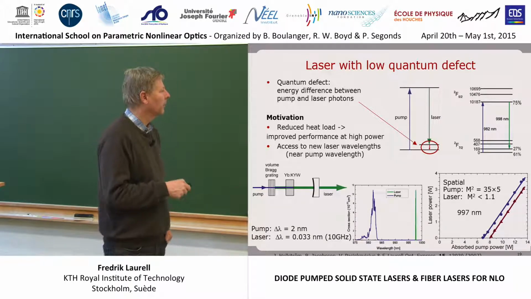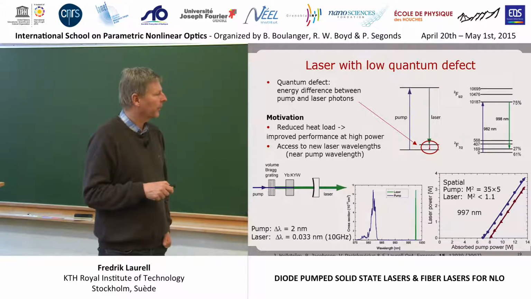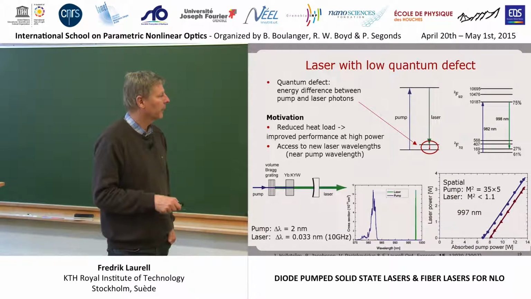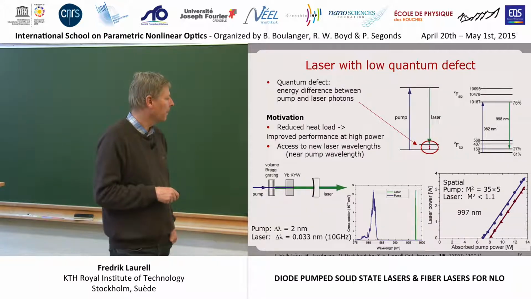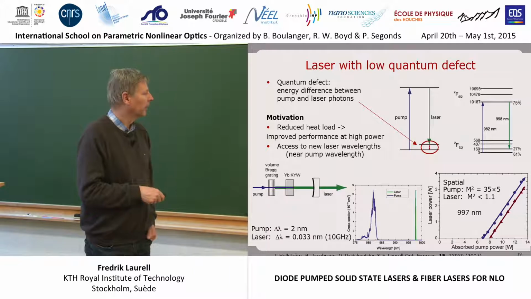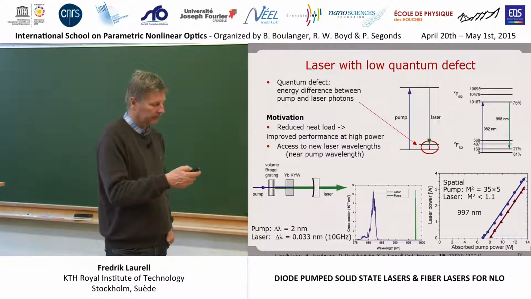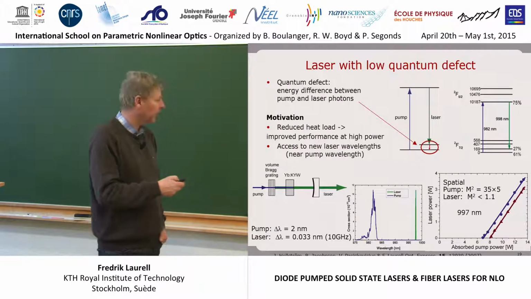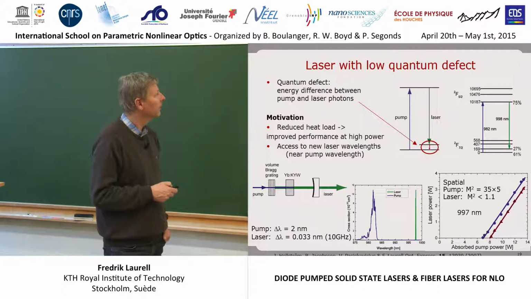There is a quantum defect of 1.7% or something like that. So this is one of the shorter wavelengths lased for ytterbium. And you get this very narrow spectrum here, which is important in many cases, particularly for nonlinear optics. So 10 gigahertz. And otherwise it's much, much wider.